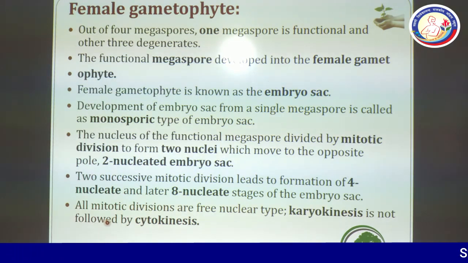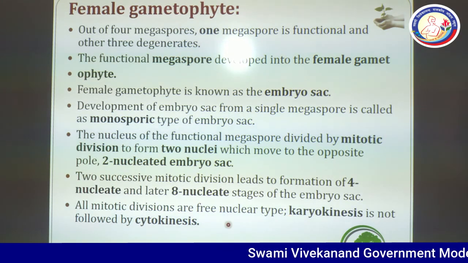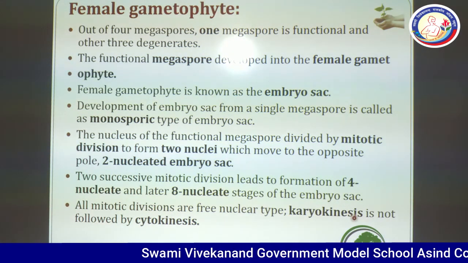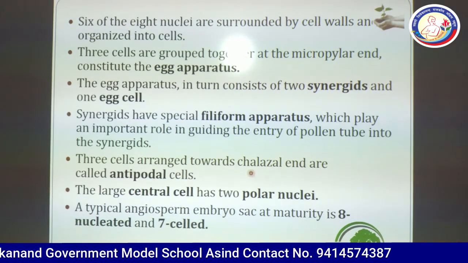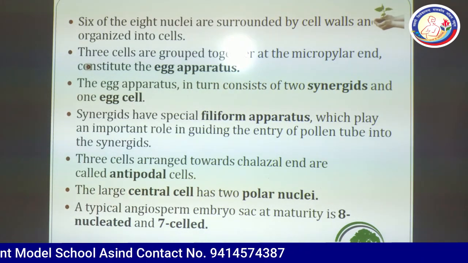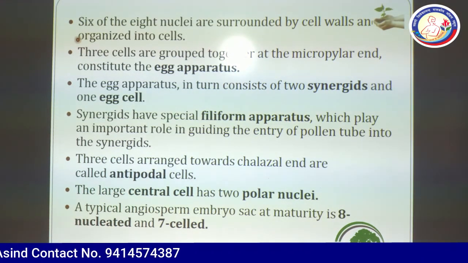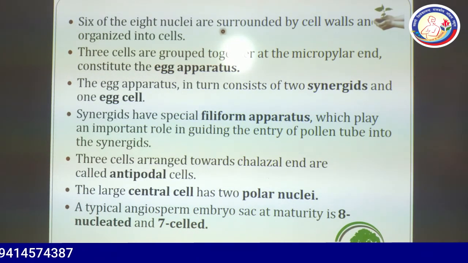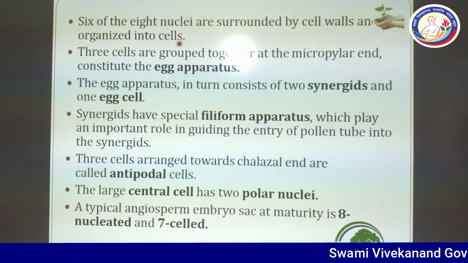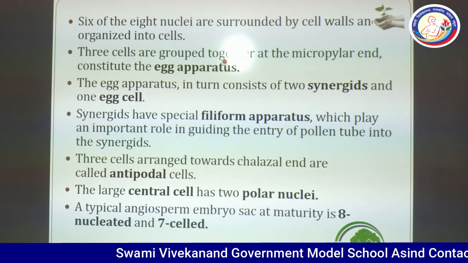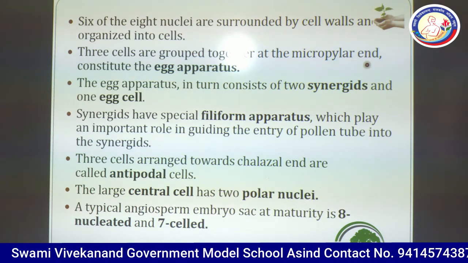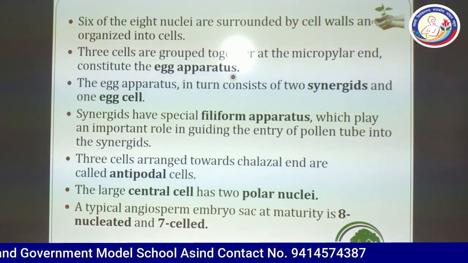All the mitotic divisions are free nuclear type divisions. Karyokinesis is not followed by cytokinesis. Six of the 8 nuclei are surrounded by cell walls and organized into cells. 3 cells are grouped together at the micropylar end and constitute the egg apparatus.